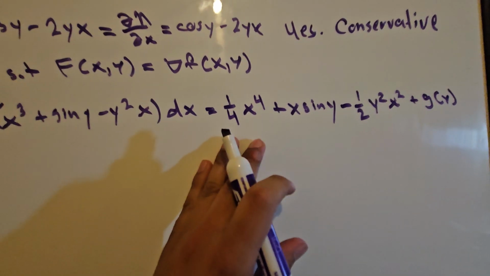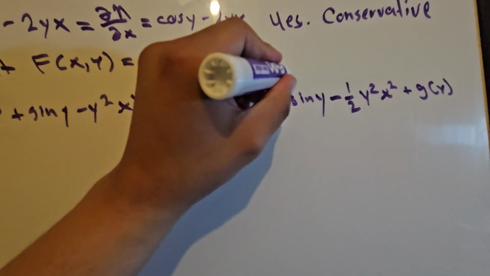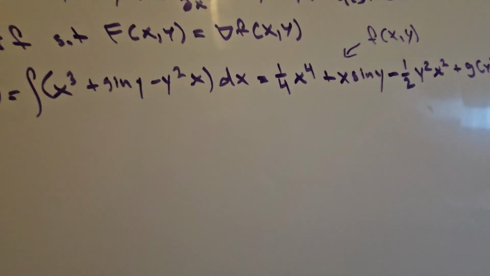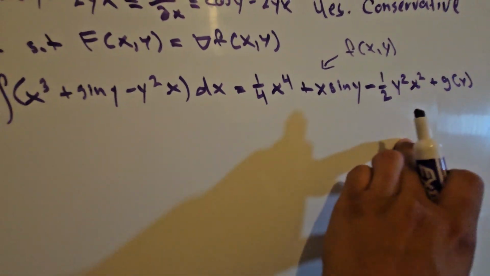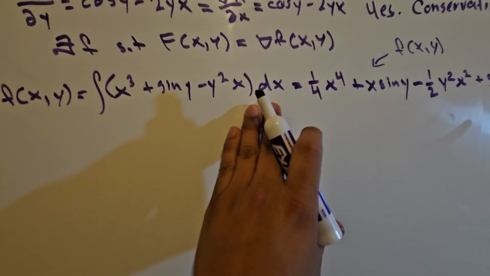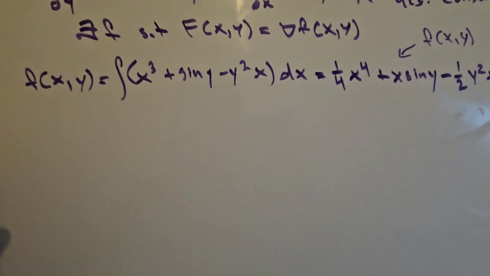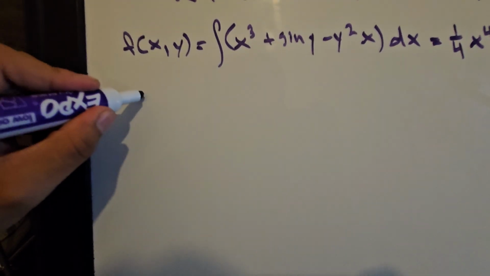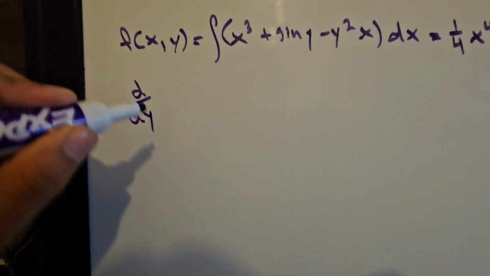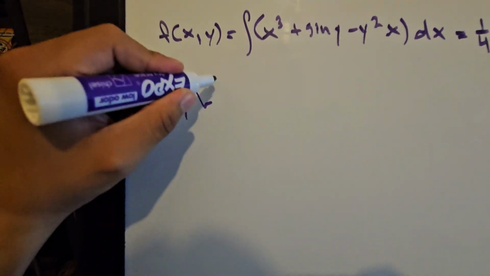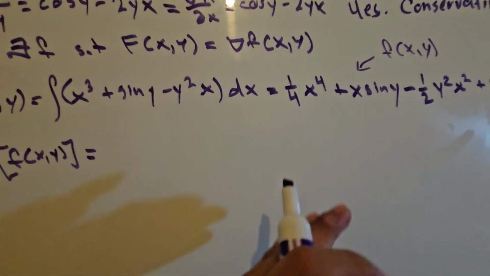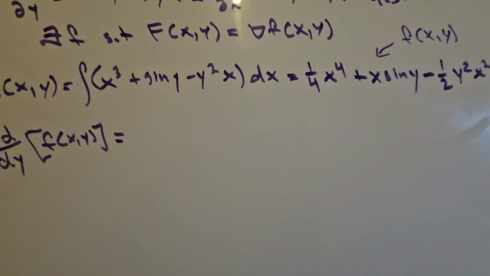So now this is going to be a potential function f of x, y, just keep that in mind. Now let's take the derivative of what we just integrated with respect to y.